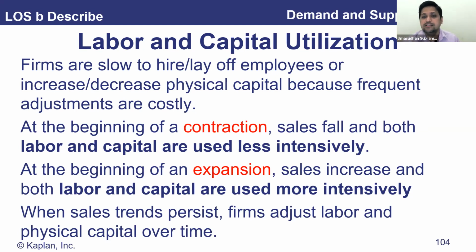If you think this expansion is permanent, what will you do as a businessman? If you are an entrepreneur, what will you do? Can you think about it? If you hire more, you're exactly right. Hire more, put in additional capital, you will adjust. But in the short run, the only option is to use your resources extensively, intensively.